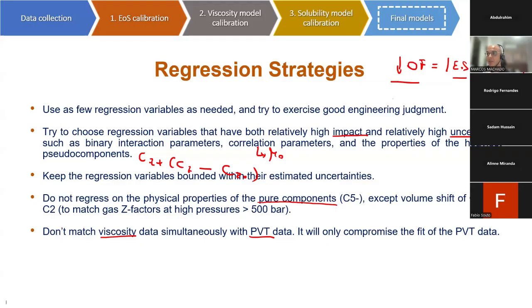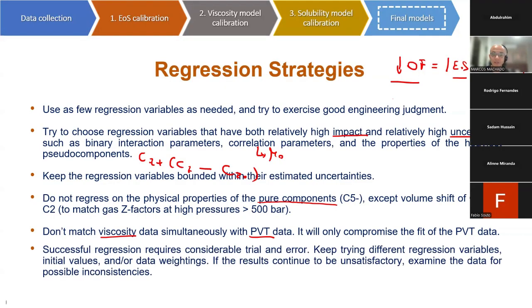After concluding this step, build another objective function only with viscosity data and regress on that. That's basically it. It's not rocket science, just go step by step. This is the key message from this point.